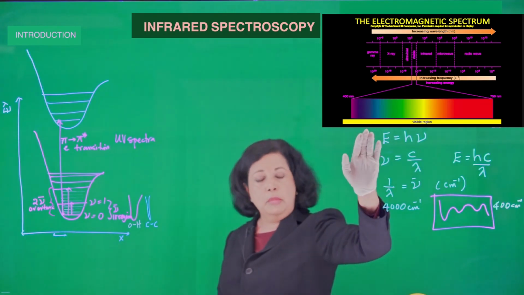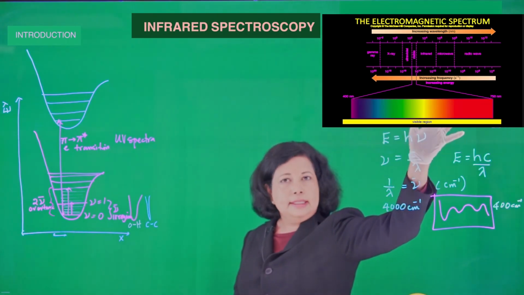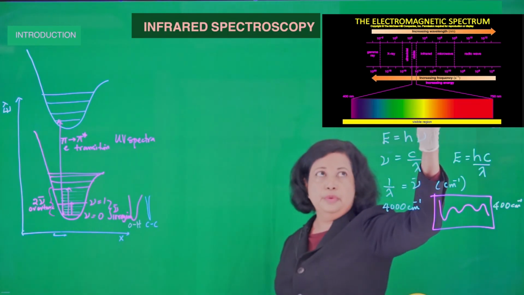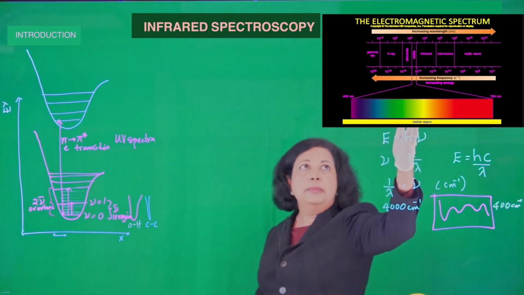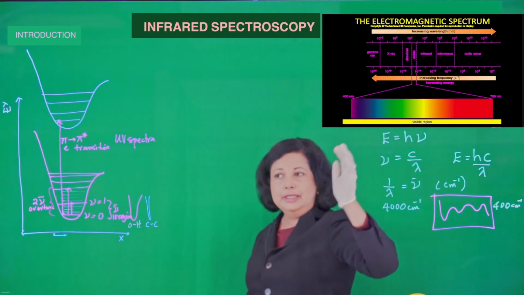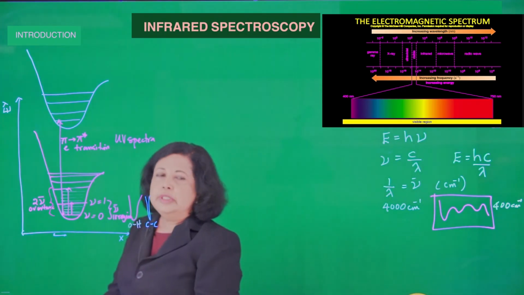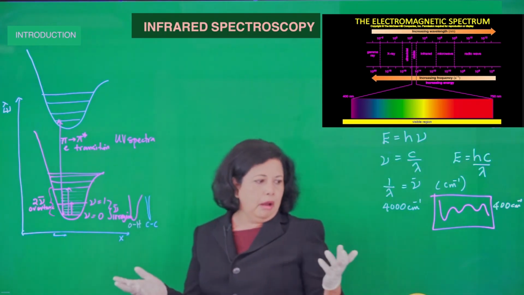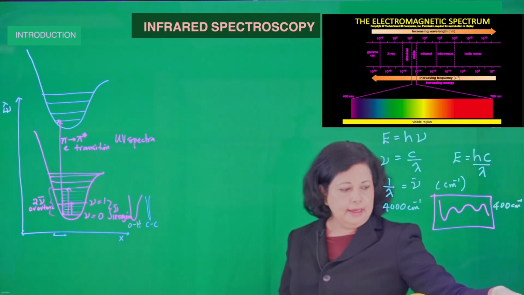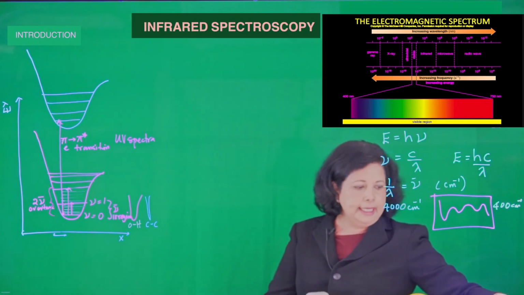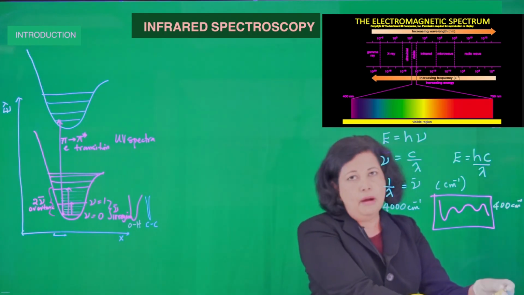Radio is for NMR, and the others are spectra by themselves, UV vis spectra, infrared spectra, and Raman spectra. So all of those have to do with bonds, what's happening inside a molecule, what's happening inside a bond.